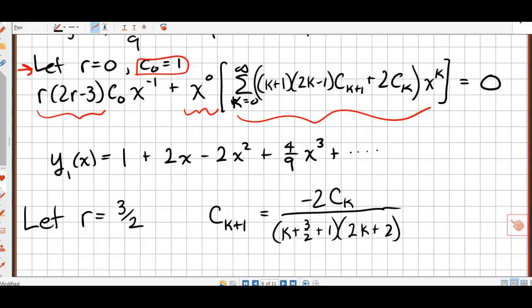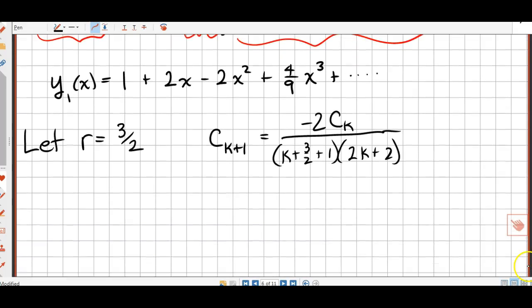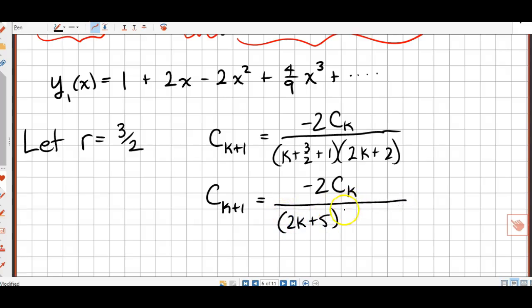All right, so if we clean up that denominator a little bit, we get c sub k plus 1 is going to equal negative 2 times c sub k. Now typically, you could leave it as k plus 5/2, but I'm going to rewrite that as 2k plus 5, and I'm also factoring out the 2 from the 2k plus 2.